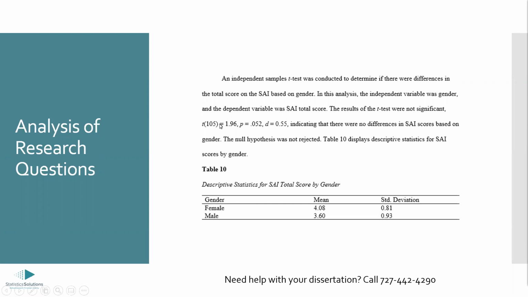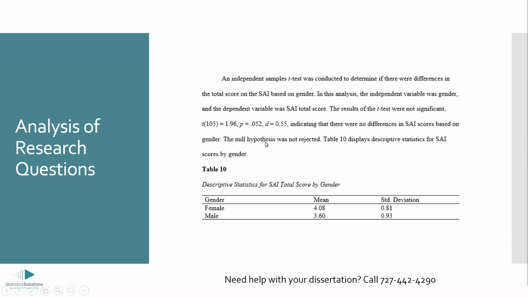We present the results of our t-test, so our t-statistic with the degrees of freedom in parentheses, our p-value for the t-test, which in this case is not significant at the 0.05 level, and then a measure of effect size, which in this case is Cohen's d. Then we give a basic interpretation of the result, and again a clear statement regarding our hypothesis.